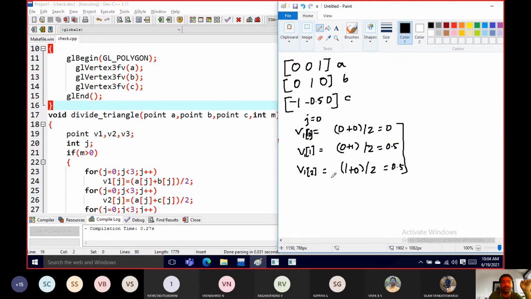So these are my V1 values: 0, 0.5, and 0.5. Any doubts here? I guess not. Next, we'll try to understand V2 of 0, V2 of 1, and V2 of 2.